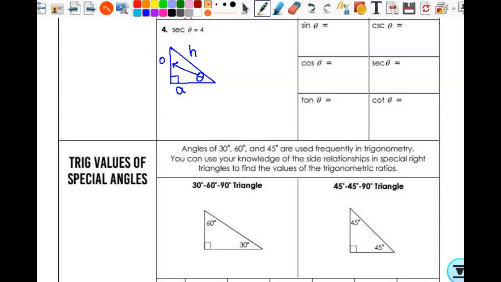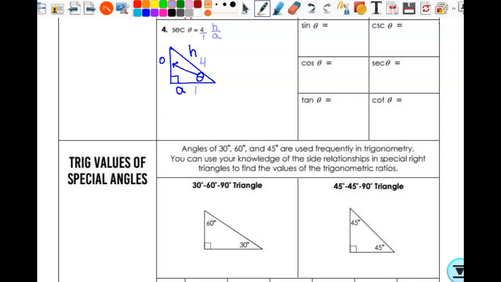Okay, so secant is not in a fraction, so I'm going to put it in a fraction, 4 over 1. Secant is the reciprocal of what? Cosine, okay? So reciprocal of cosine. Cosine is adjacent over hypotenuse, which means this is hypotenuse over adjacent. So this is going to give me 4 and 1 here.